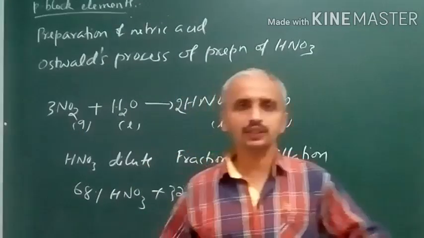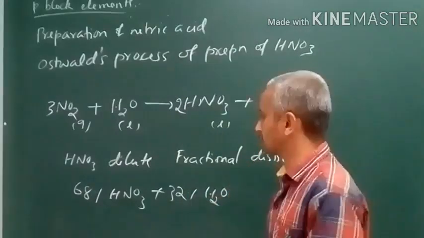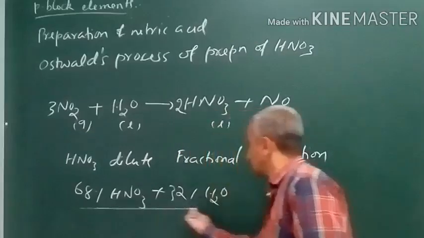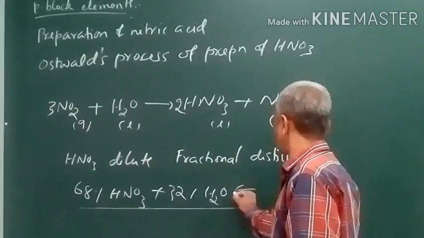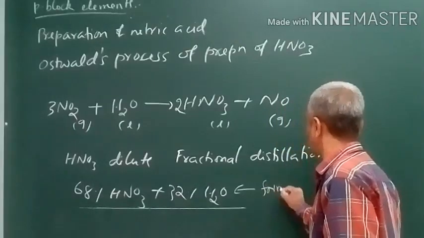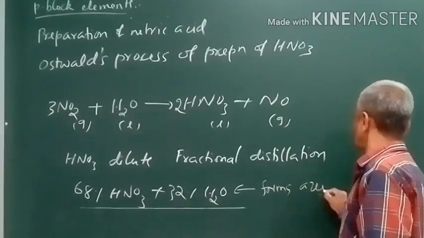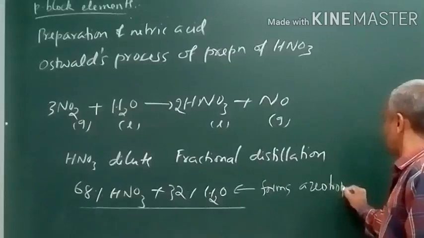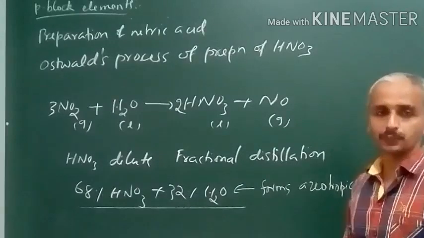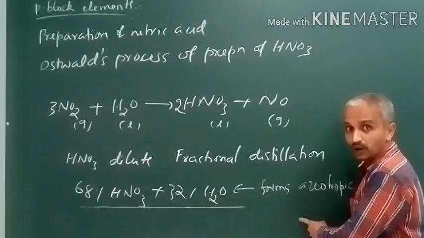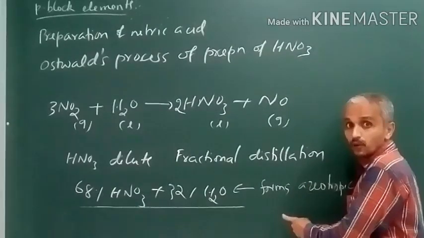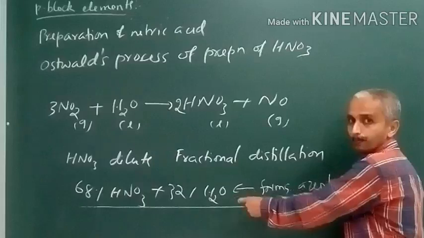Further, simple distillation fails here because under this condition they form an azeotropic mixture. Where is this studied? In the solution chapter. To be precise, they form a maximum boiling point azeotrope.